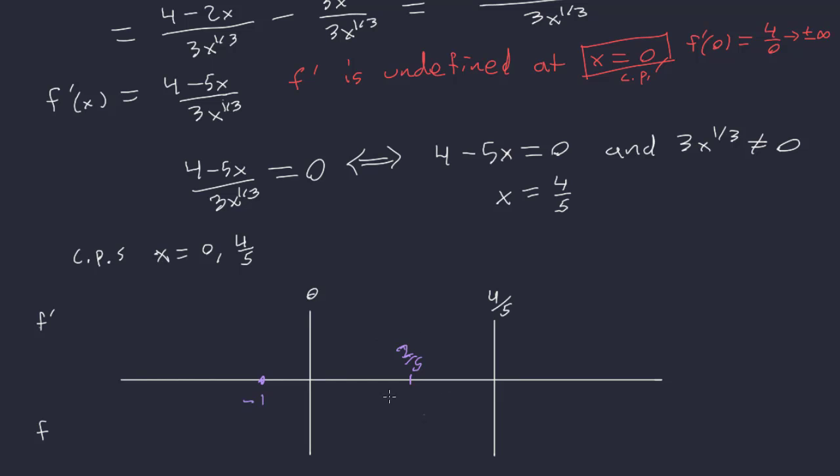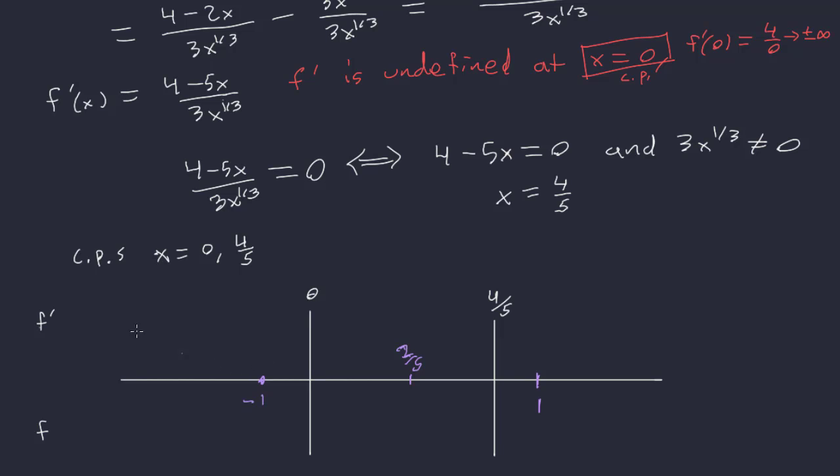So just picking something you know is in between is a good way to go there. And then here, 4/5, we know that's less than +1, so we could just pick +1. So you pretty much are always just picking the easiest values you can. Maybe 1/5 would be easier here. I don't think it really matters.